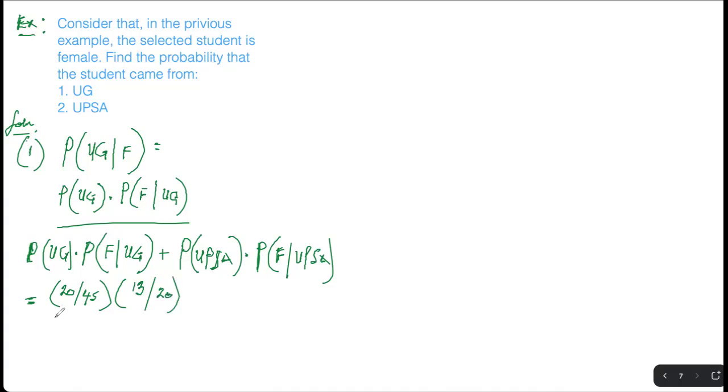So now at the top we have 20 on 45 multiplying 13 on 20. At the bottom, we'll just have to repeat this: 20 on 45 multiplying 13 on 20.